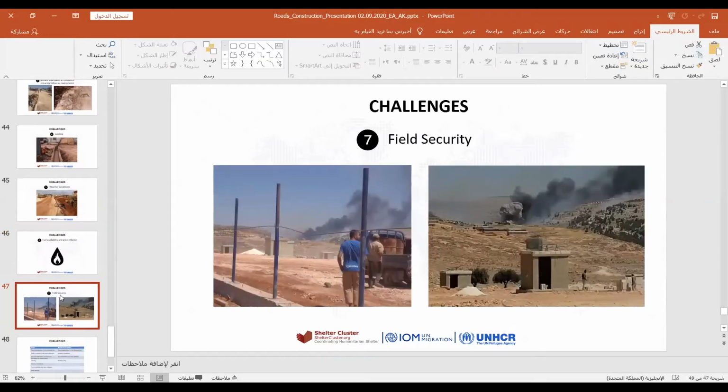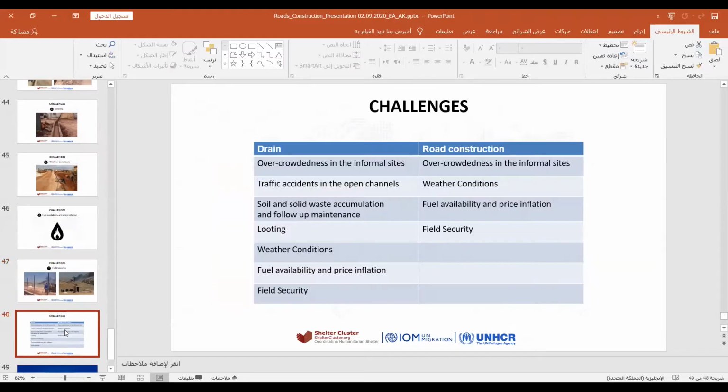One more challenge that we face is the field security. Because of the situation in the area, this sometimes results in suspending the work. And here I'm talking about the front line.